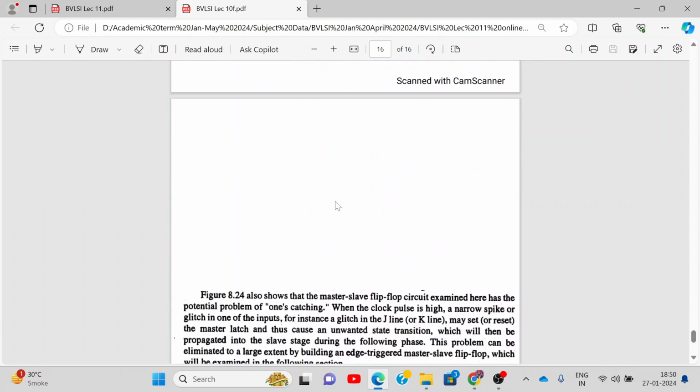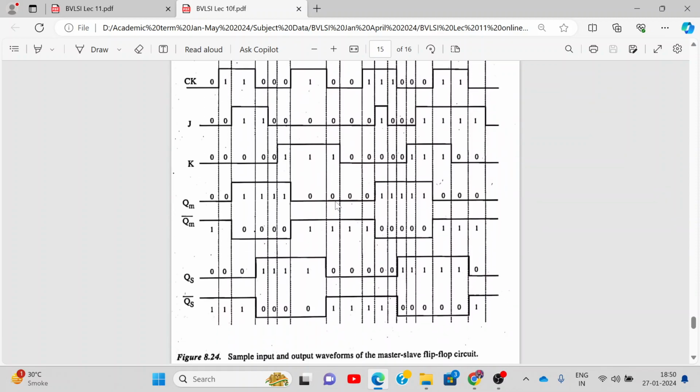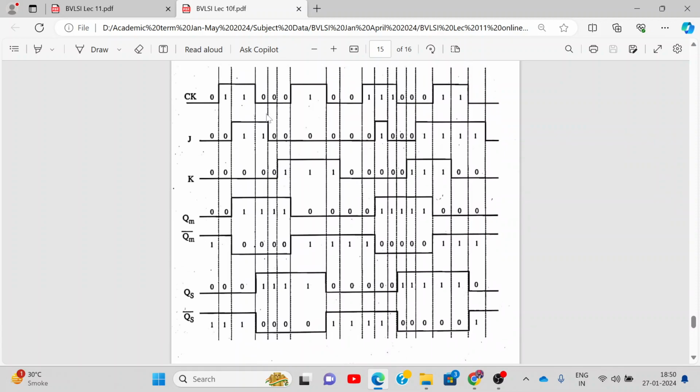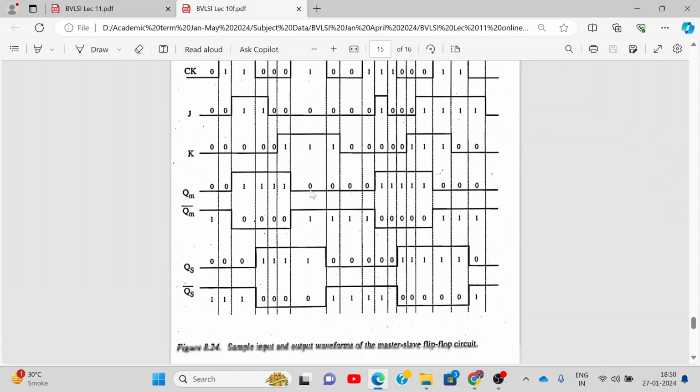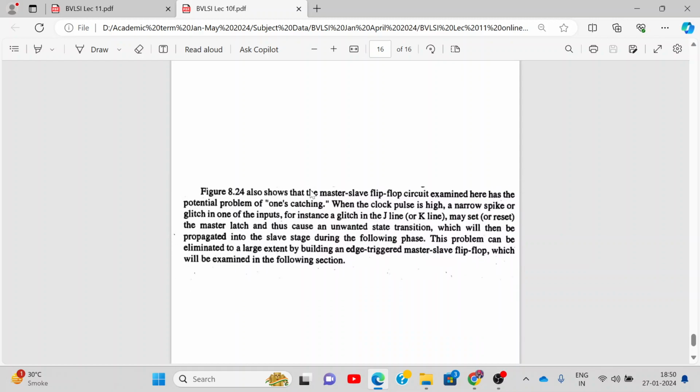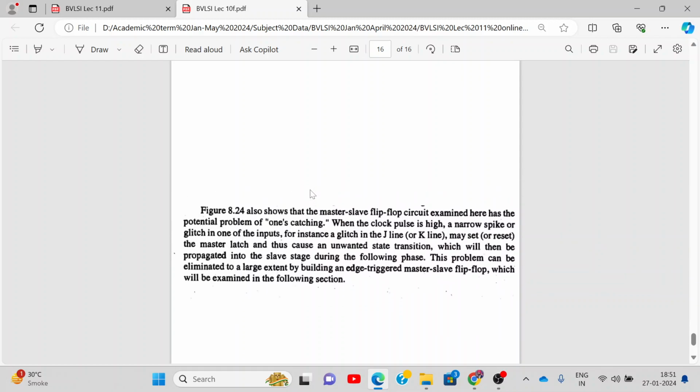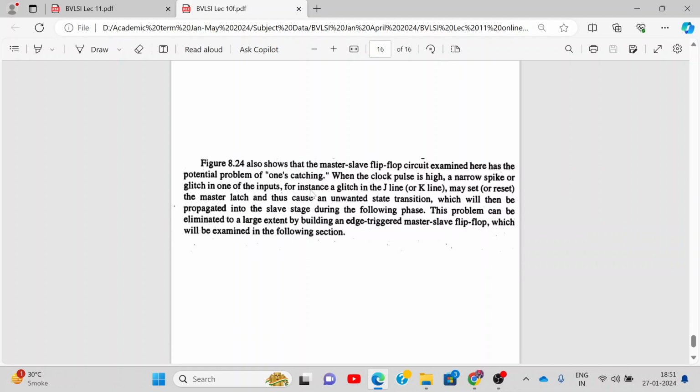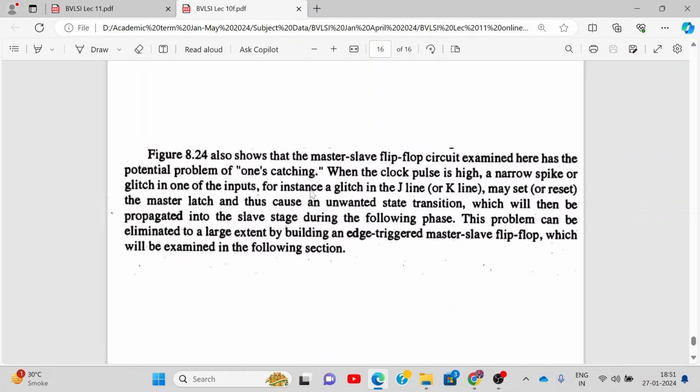Okay, students. Yes, sir. Now I have to explain this one, and then we'll go. There is a race around condition. There's that problem of ones catching.